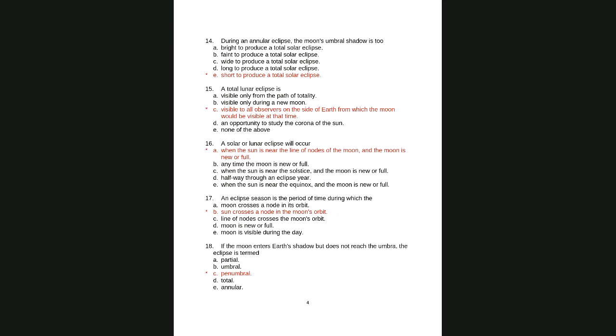18, if the moon enters the earth shadow but doesn't reach the umbra, the eclipse is termed penumbral. And I told you to look on June 5th, 2020, and that's what we had.